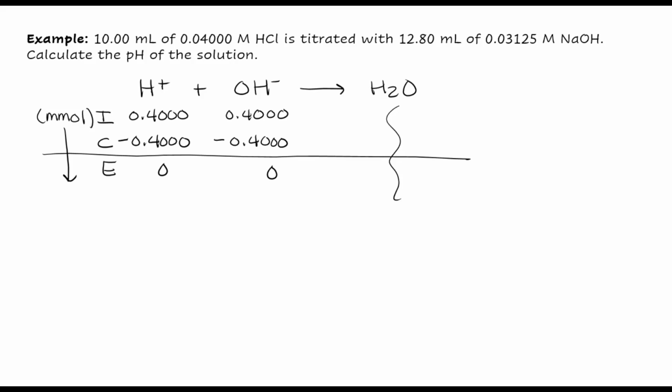Because both reactants go to 0, this tells us that we're at the equivalence point. And when we're at the equivalence point for a strong acid or a strong base titration, our pH equals 7.